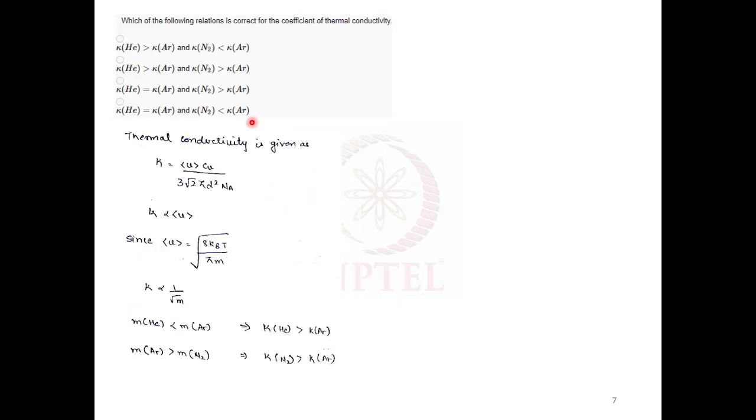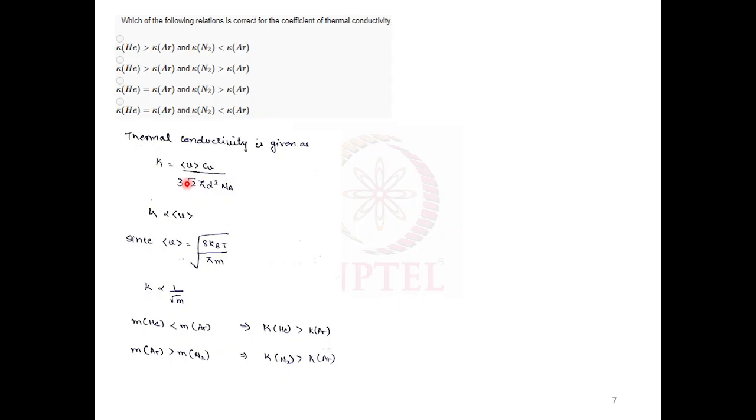Which of the following relations is correct for the coefficient of thermal conductivity? I have already given that k equals the average velocity and Cv over 3 root 2 pi d square Na, where d is the diameter and k is the thermal coefficient.